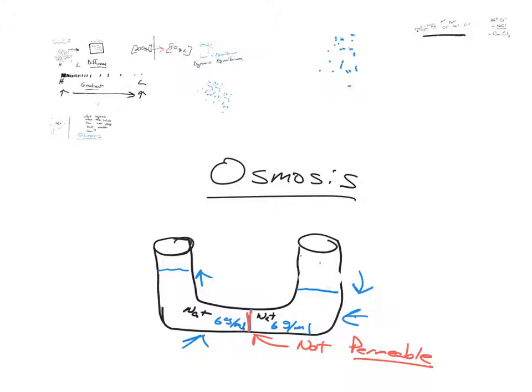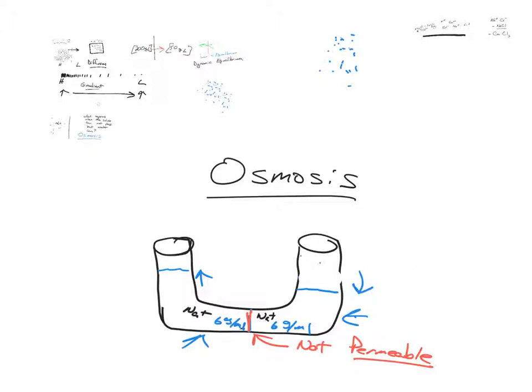Pay attention, because this is why when you eat too many of those salty sunflower seeds, the inside of your mouth starts to slough off. You get that skin coming off the side of your mouth. This is why when you eat super salty things, the inside of your mouth kind of peels off, because your cells blow up or shrivel up, depending on whether the water's going into the cell or out of the cell.